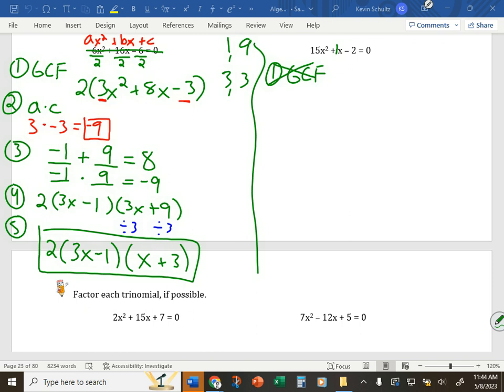Now I'm not going to cross that out because we're actually using that here. We couldn't make anything new. In step 2, we're multiplying a and c together. Go ahead and do that, and then set up your number puzzle. See if you can get through step 3.